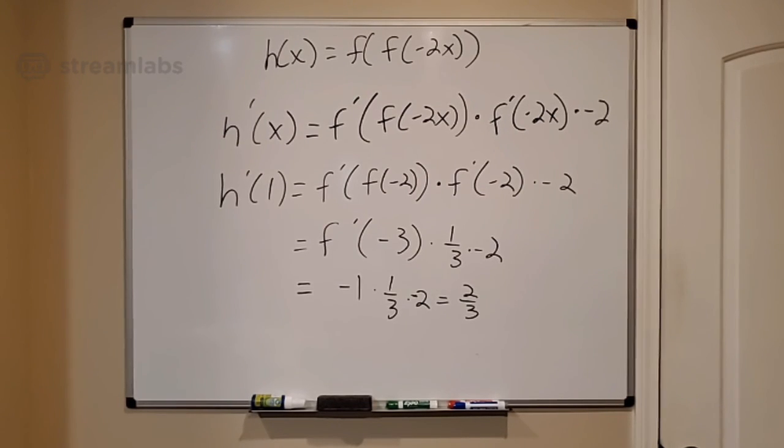I got positive 1.783. Everything should have been negative, so negative pi over 5 and negative 2 over root 3. And good job, Larry. Thank you.